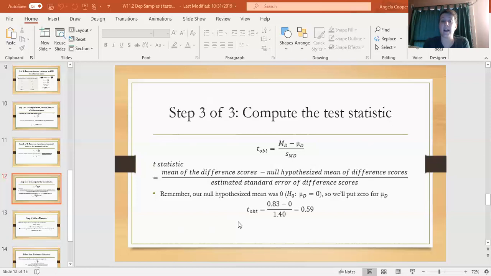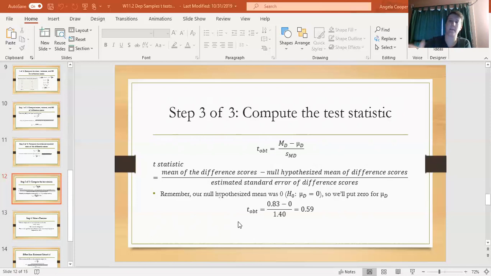So it's just 0.83, our mean, minus 0, divided by the estimated standard error of the difference scores, which was 1.40, that we calculated back in step 2 on the previous slide. So 0.83 divided by 1.4 is equal to 0.59.